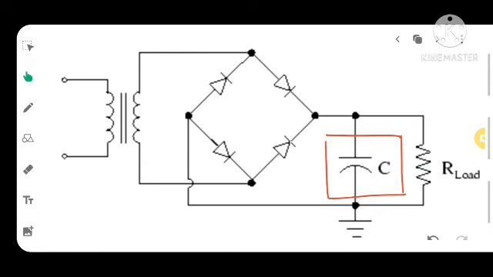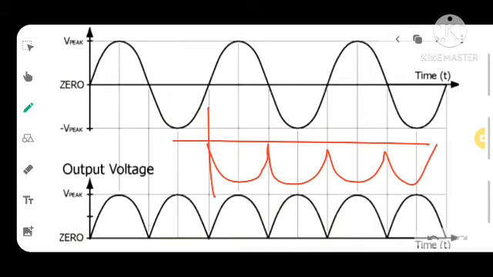Now let's recap what our aim was. Our aim was to get a DC waveform. And what did we actually obtain? We obtained a waveform like this. Is it actually DC? No, not at all.